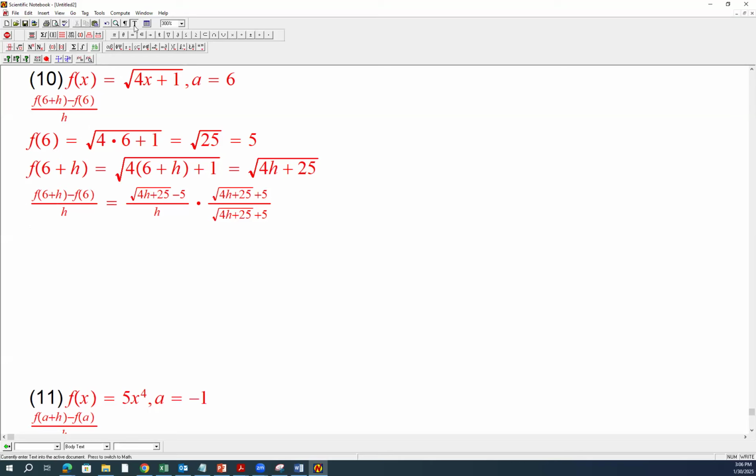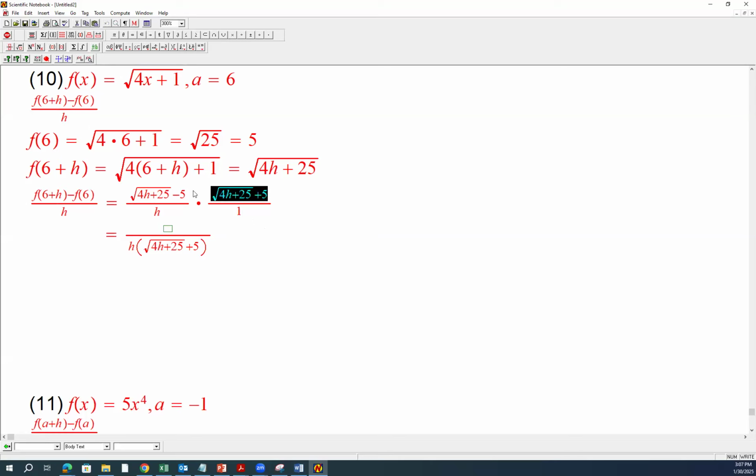Equals, denominator multiplied by denominator. You need that parentheses. Don't drop the parentheses, right? Numerator times numerator. That's a conjugate pair.